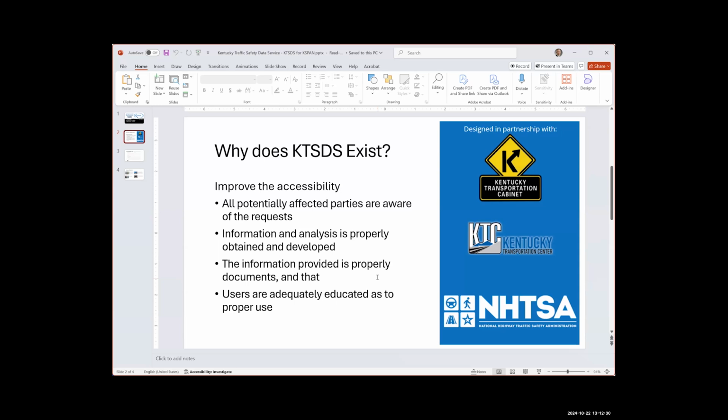In fact, we cannot give out most of the data directly because we have a memorandum of understanding with the Kentucky State Police through the Transportation Cabinet, and we are able to actually access some medical data and other things that the general public or even safety professionals would not necessarily be able to access on their own, for privacy reasons mainly. And so we have the access to that.